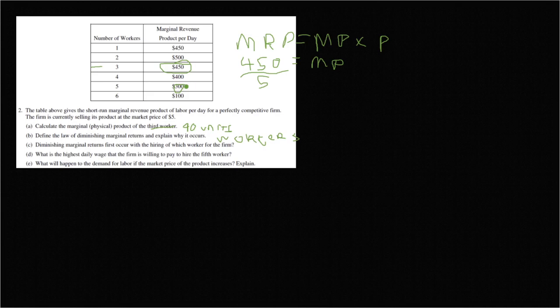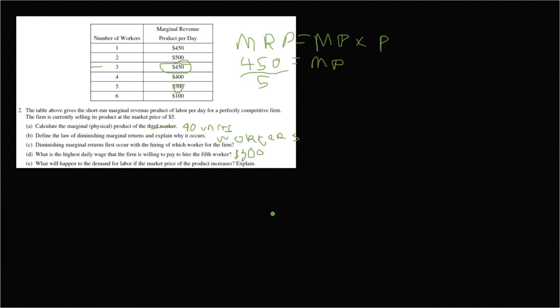You think at the margins, you will pay them however much they give you back. That is the absolute maximum. So this is $300. Okay. What will happen to the demand for labor if the market price of the product increases?